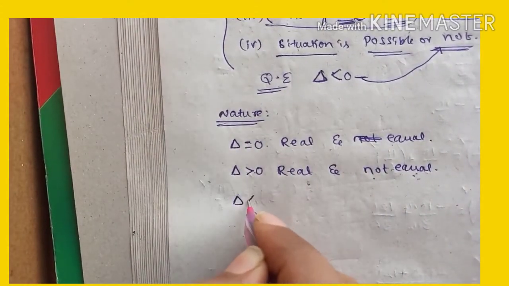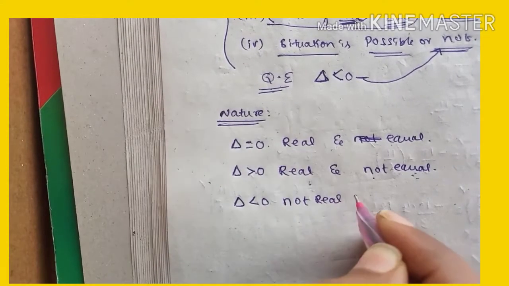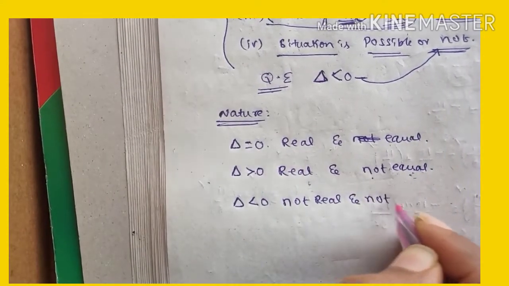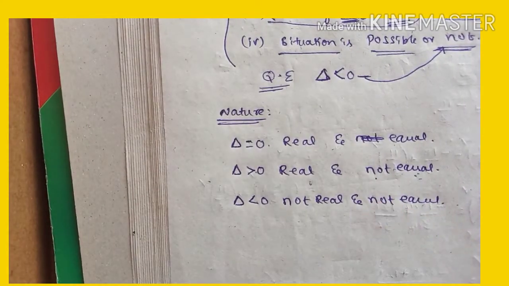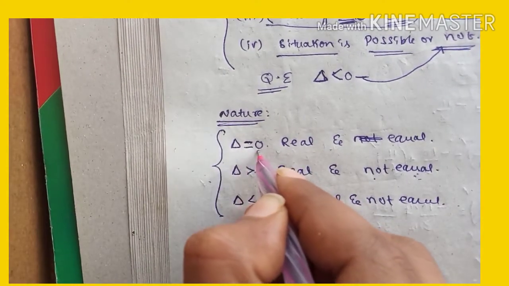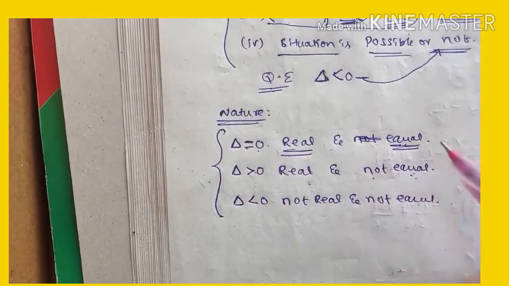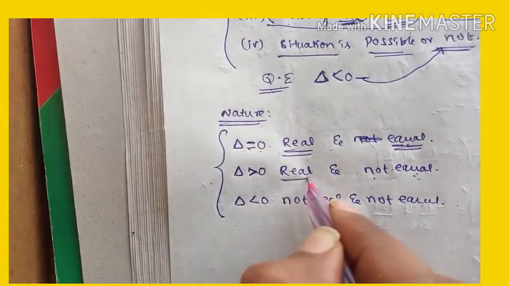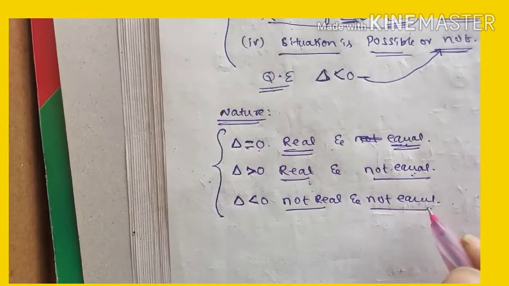If delta is less than 0, then roots are not real and they will be not equal. These three statements we have to memorize. Delta equal to 0, roots are real and equal. Greater than 0, real, not equal. Less than 0, not real, not equal.